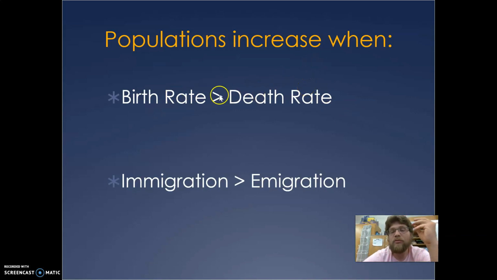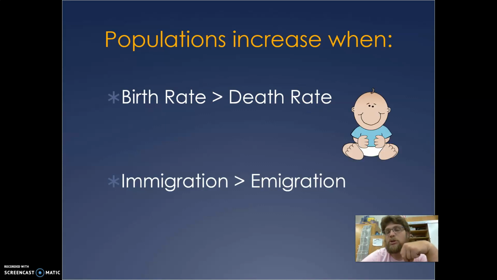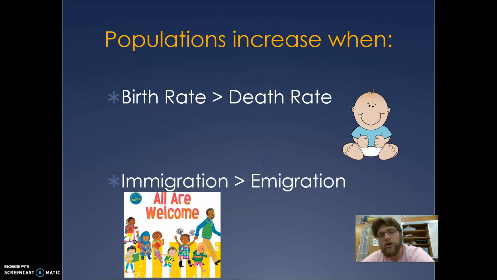The number of new pigeons being born every month is greater than the number of pigeon deaths. So there are more pigeon babies being born. Okay, second thing to think about, there's more immigration than emigration. So more pigeons are flying in to Clovis East than are leaving and finding a different place to call home. So your population's going up if you're having more babies and you are welcoming more individuals into your population.